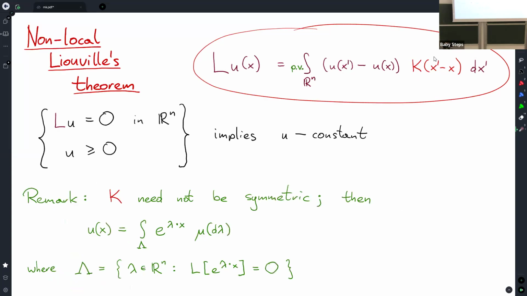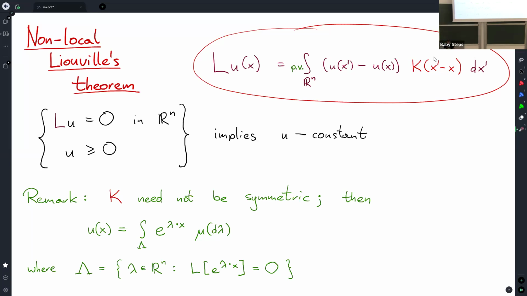So let me make two remarks here. The first one is that, as I mentioned before, we do not really need to assume that K is symmetric. But if K is non-symmetric, there may be other positive harmonic functions. And it turns out that all of them are exponentials or averages of exponentials, integral mixtures of exponentials.